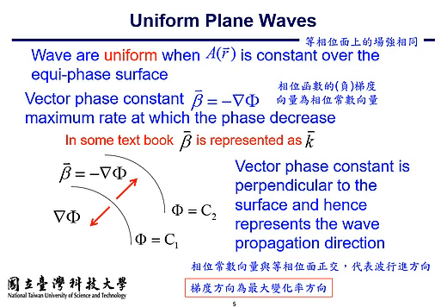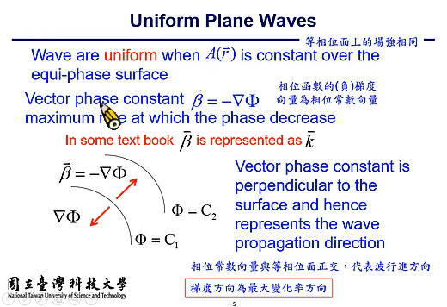If the amplitude function is a constant too, then you have the uniform wave. You have a uniform wave over the equal phase surface.